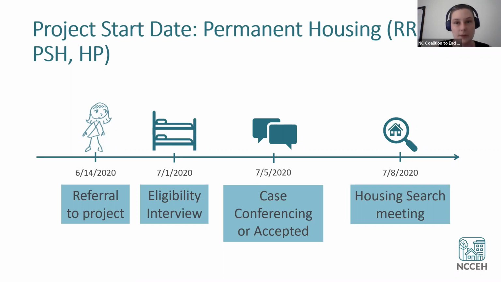She's able to get some documentation squared away on the 1st of July, then there's a community meeting and case conferencing that works out on the 5th. And on the 8th, the first housing search meeting occurs. At what point would the project start date be for our permanent housing projects like rapid rehousing, permanent supportive housing, and now to a greater extent, homeless prevention?